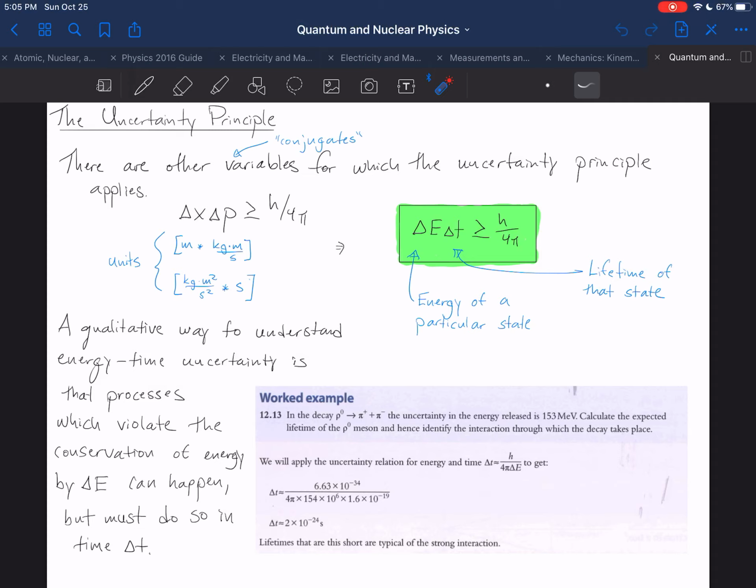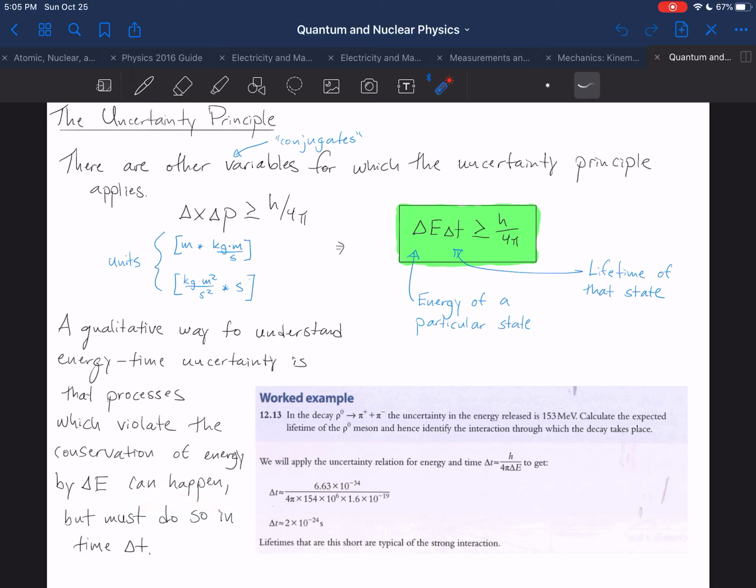A qualitative way to understand energy-time uncertainty is that processes which violate the conservation of energy by delta E, so there's an uncertainty in the energy that may be bigger or smaller, can happen, but they must do so in time delta t.